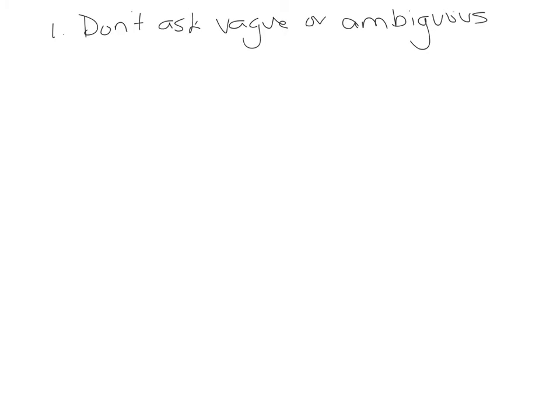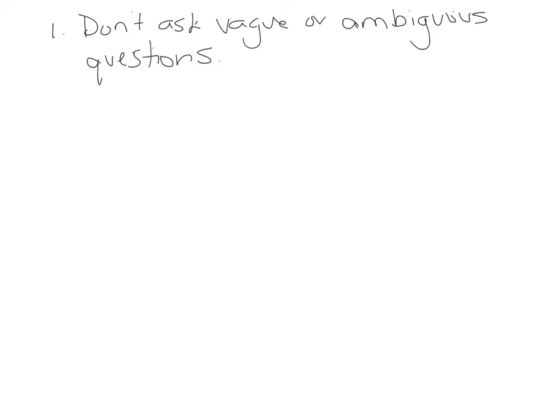Okay, and so now we have a look at what we should do to prepare good questions for surveys. So don't ask vague or ambiguous questions. What that means is you don't ask questions that really don't seem to have an answer, like what is the meaning of life, or questions that they find really difficult to interpret.